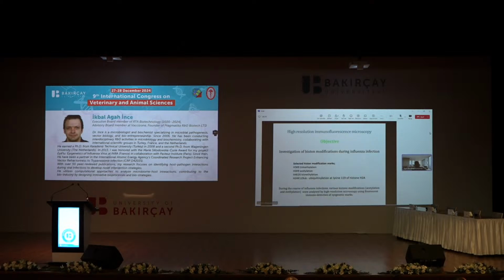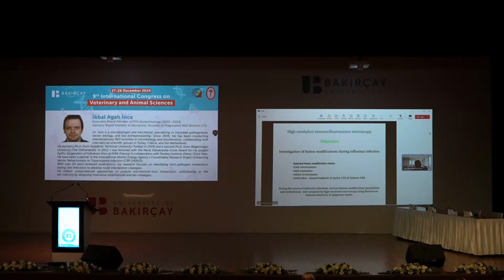For example, here is how we do high resolution immunofluorescence microscopy in cell models. This is a bit difficult because for histone modification marks, you need antibodies against these marks. But these antibodies are really low efficiency, and we tested more than 200 antibodies, and we defined 4 acceptable ones that we can detect the signals with.